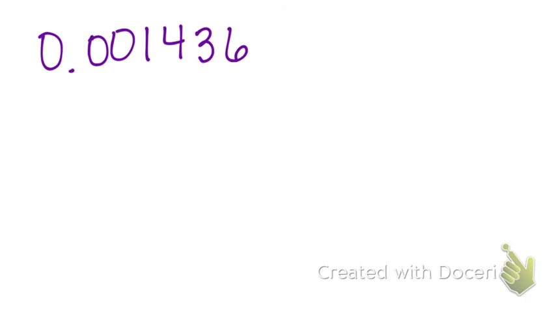All right, I want you to try this one. I want you to put this into scientific notation with 2 decimal places. What do I mean when I say decimal places? Numbers after the decimal, right? So you're going to have a ones place, then a tenths and a hundredths place.